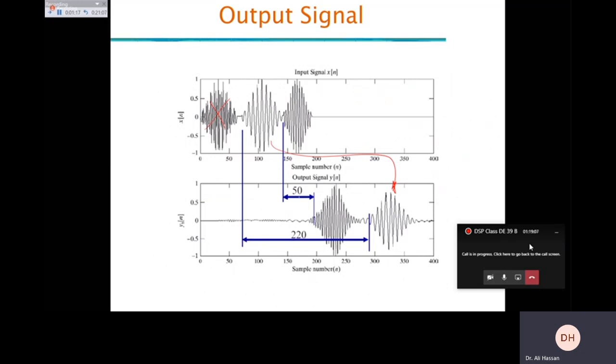And again, it depends. Sometimes they may get jumbled together, both of them, because let's say it is not delayed by 50, rather it is delayed by 180, and the other one by 200. And then again, you will be surprised to look at your signal and you say, wow, this is not what I input to my system.